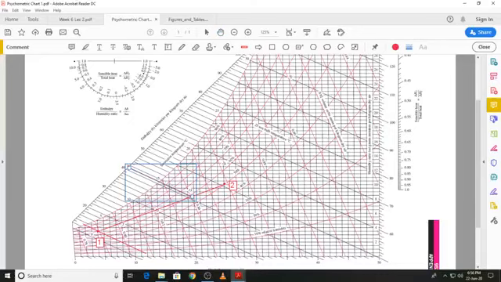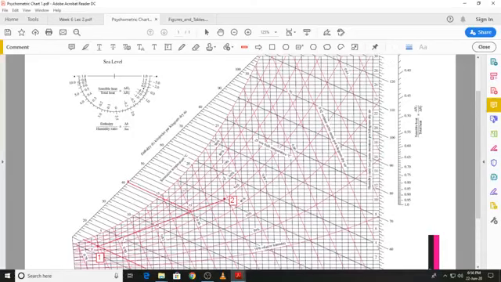This line, I will draw 15 degrees C wet bulb temperature line first. This is a 15 degree C wet bulb temperature line.